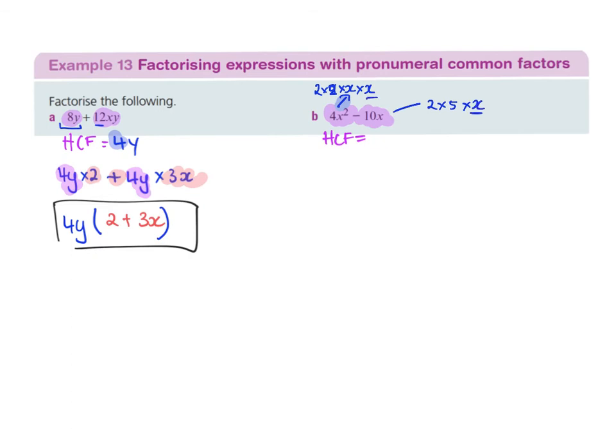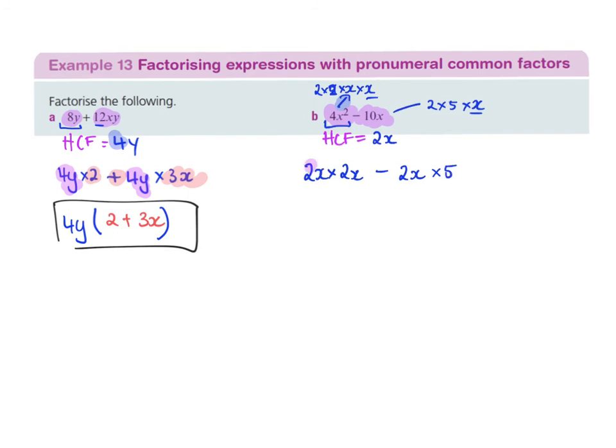Do they both have an x in there? At least one? Yeah, so we're going to say 2x is our common factor. So I'm going to say 2x, and I'd have to times another 2x to get this 4x squared. So there's that one. And then minus, and I've got 2x, and I'll have to times that by 5.